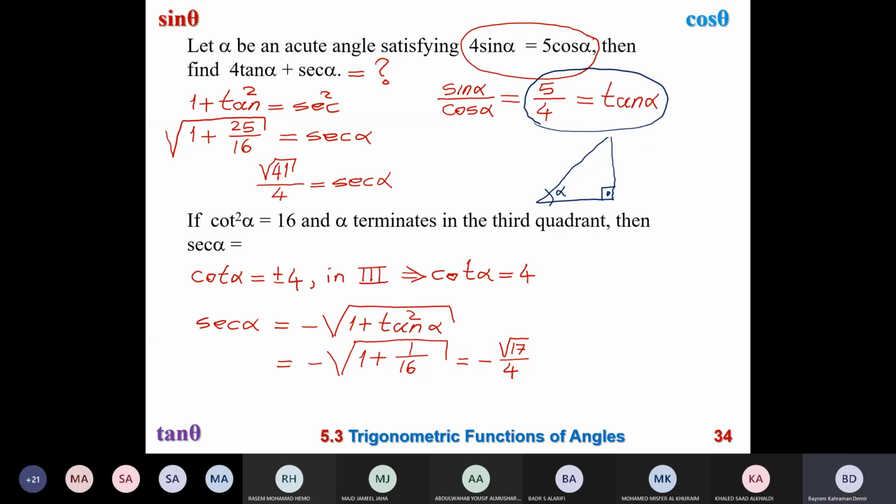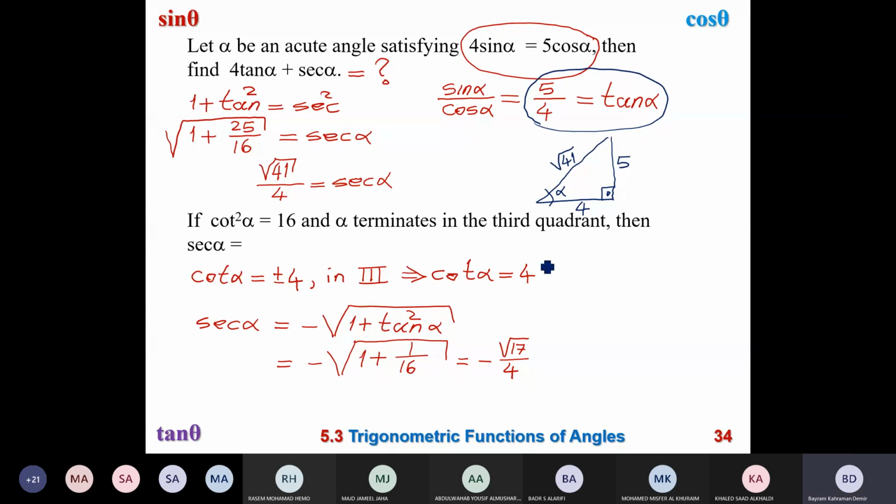Tangent is 5/4, which is y over x, so 5 should be this side and 4 this side. The hypotenuse I can calculate by the Pythagorean theorem: square root of 41, exactly. Now, can you calculate the sec of alpha? Sec of alpha is root 41/4. You see how nice and quick it is?